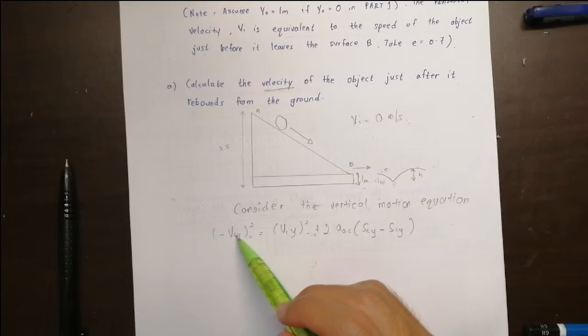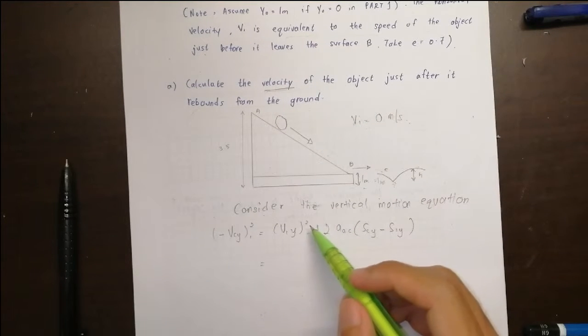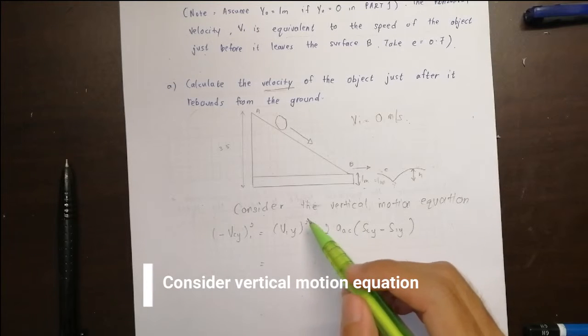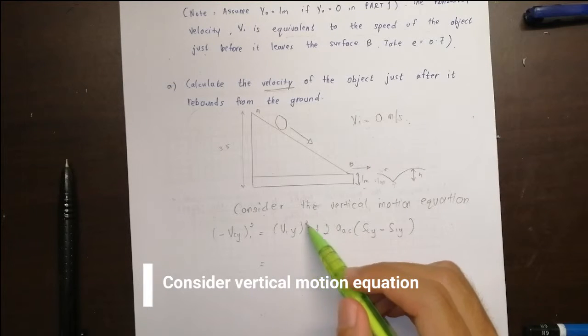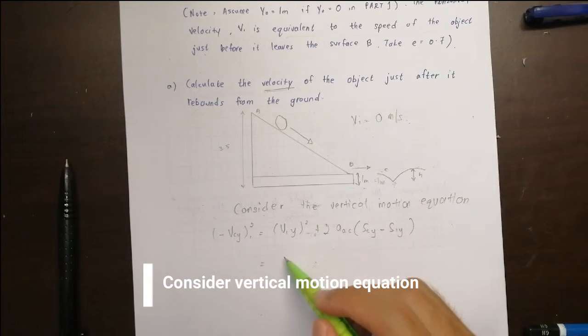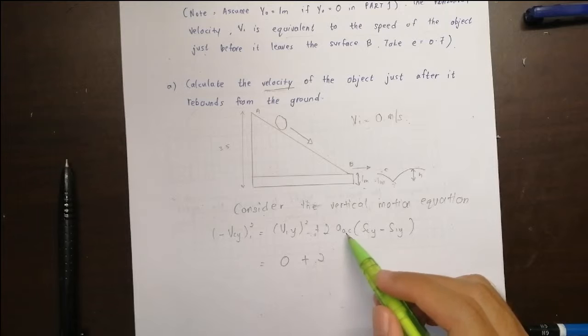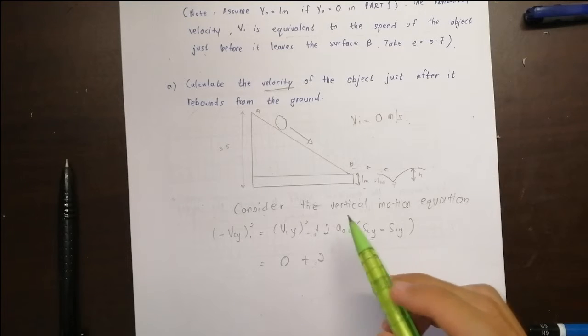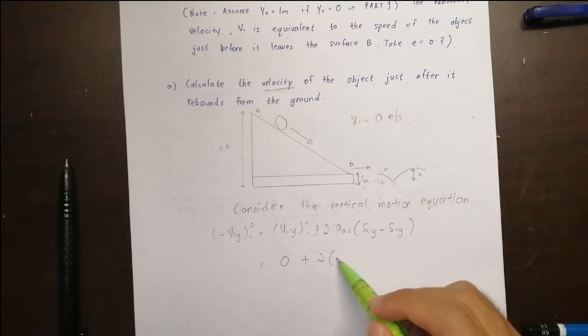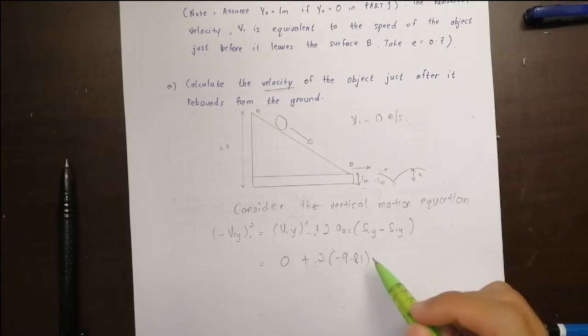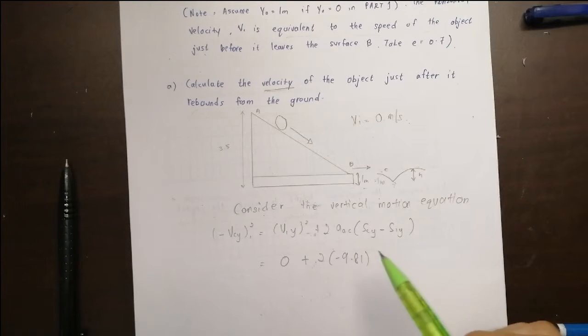The velocity in y. So in order to find that, we know that this value v1y squared is equal to 0. We straight away put 0 here, plus 2 times acceleration. Acceleration is negative 9.81 because it moved downwards.